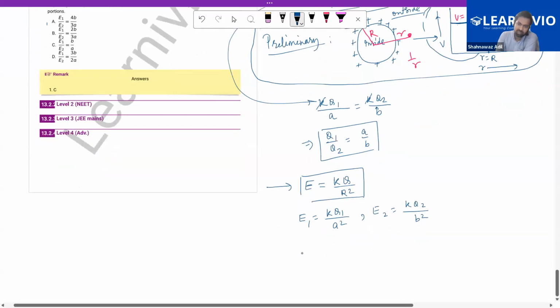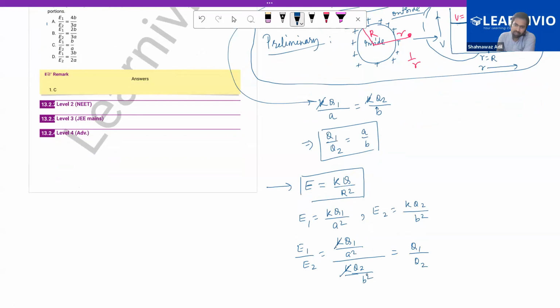So if we divide E1 by E2, this would be kQ1 by A square divided by kQ2 by B square. So k will cancel, and this would be Q1 by Q2, and B square will go upstairs, and this would be A square.